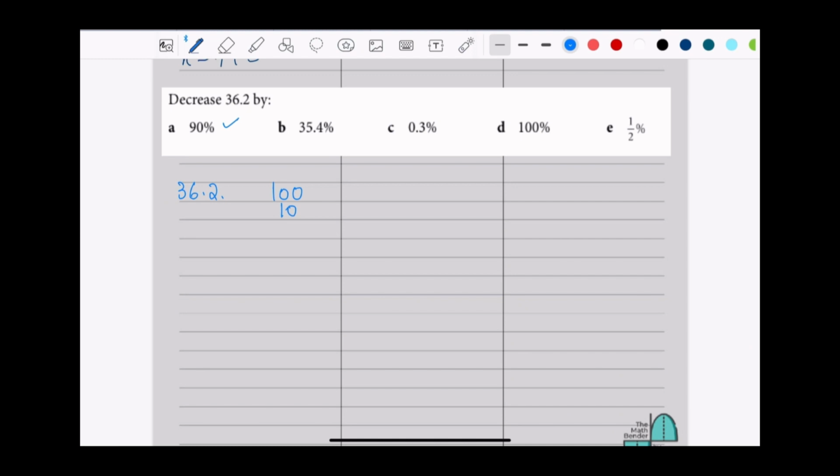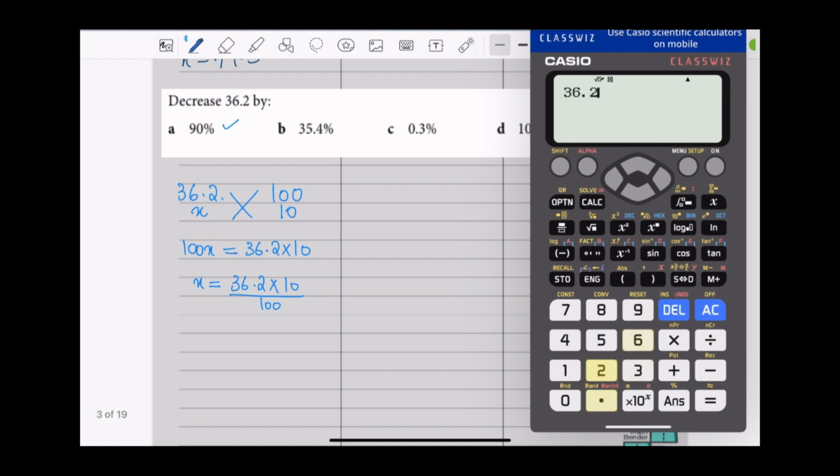So the remaining percent is this, and this will be 100x is equal to 36.2 times 10, and x is equal to 36.2 times 10 over 100, which gives you 3.62.